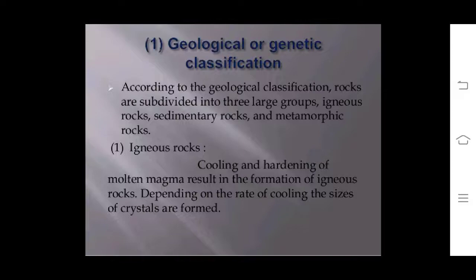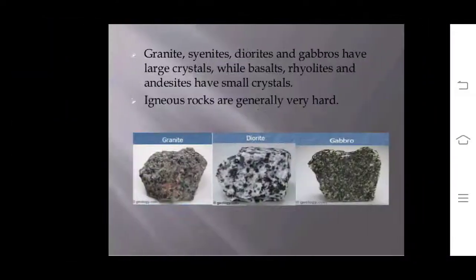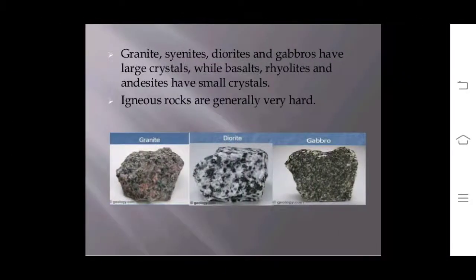Depending on the rate of cooling, the size of crystals formed varies. Granite, syenites, diorites, and gabbros have large crystals, while basalts, rhyolites, and andesites have small crystals.